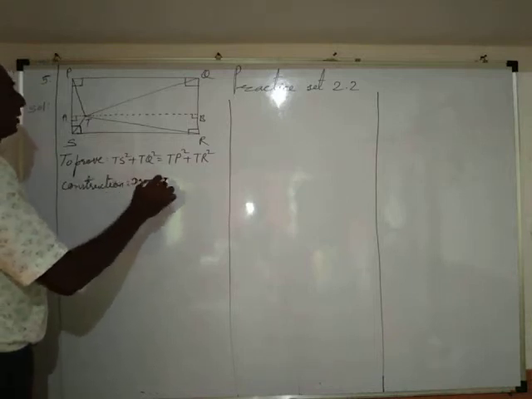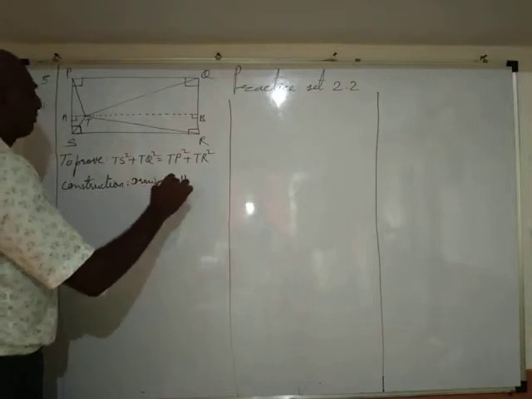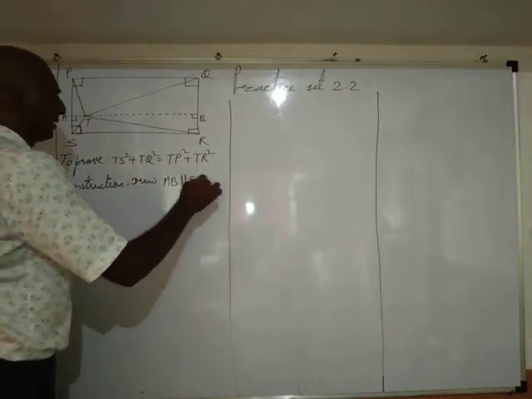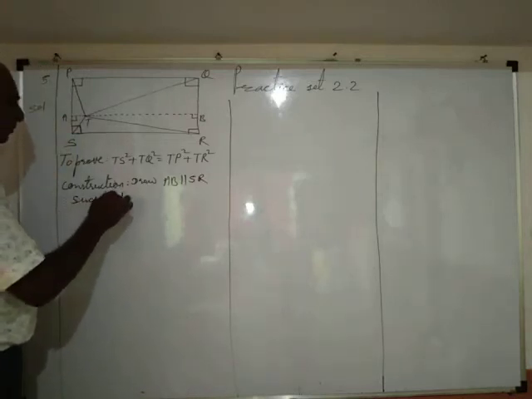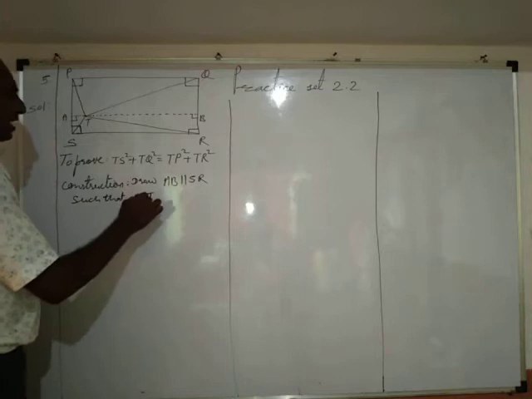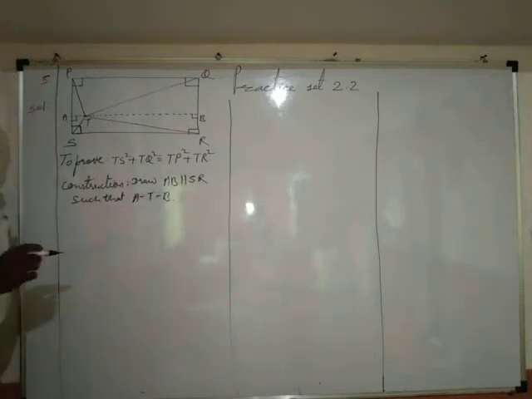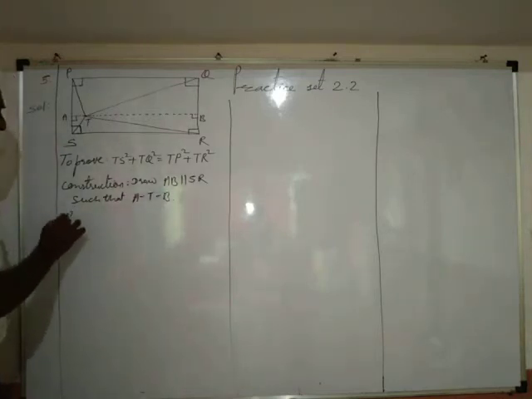Draw AB parallel to SR such that A-T-B. Okay, now let's start the proof.